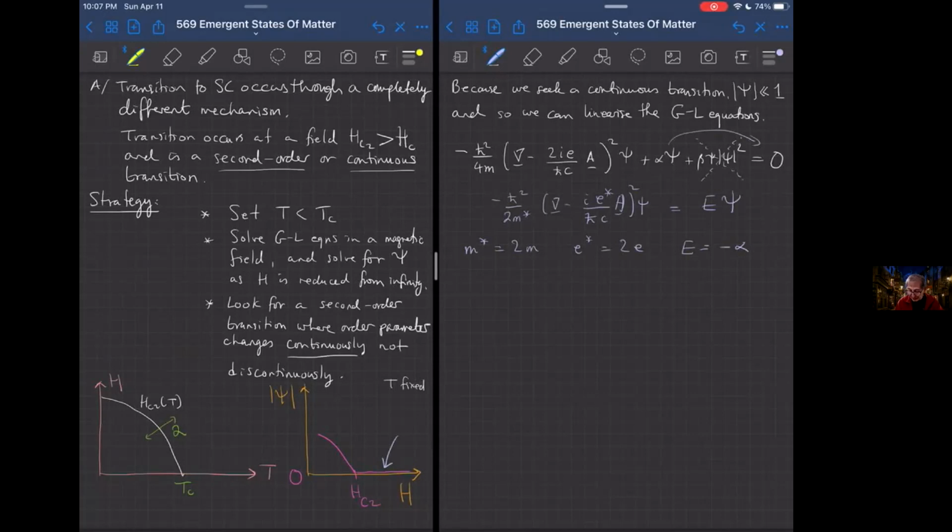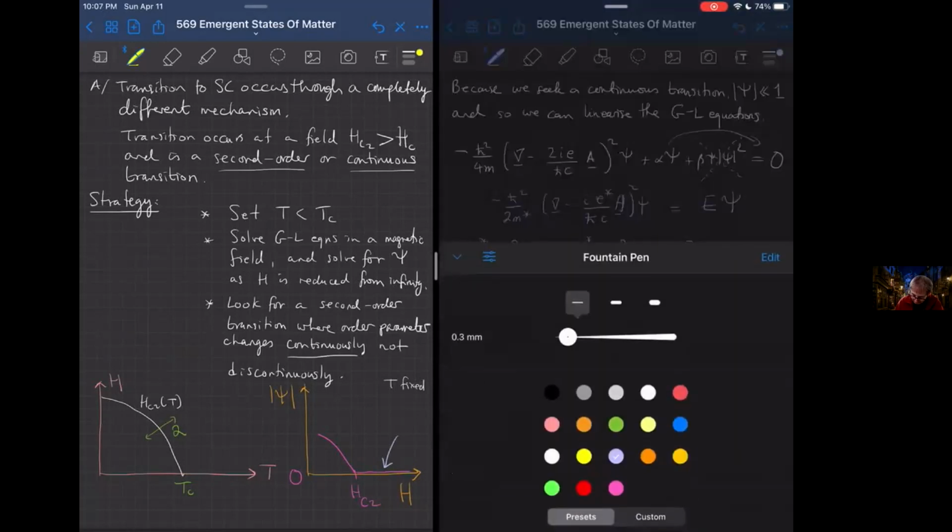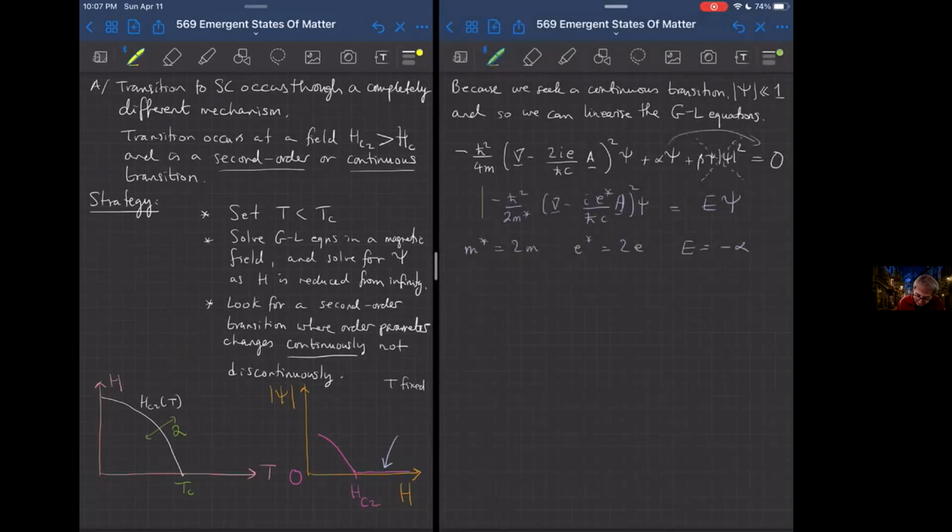Now the reason I've done it like this is because once I've got this equation, this might be familiar to you. This is the equation for a charged particle in an external magnetic field.